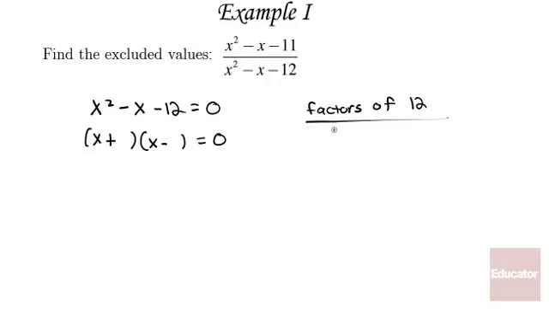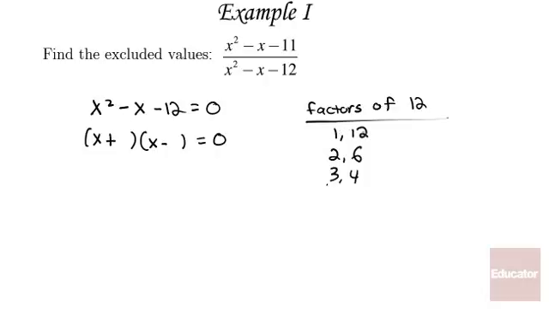So factors of 12 are 1 and 12, 2 and 6, and 3 and 4. And I remember that one is going to be positive, one is going to be negative. So what is a situation where I would have a set of factors of 12, one positive, one negative, that would sum up to -1?